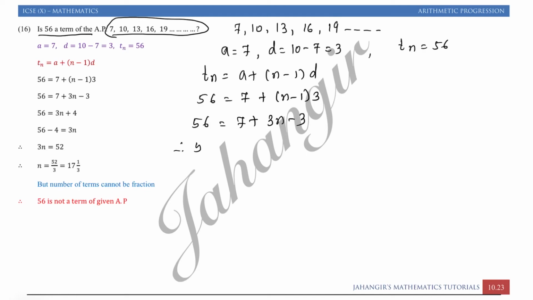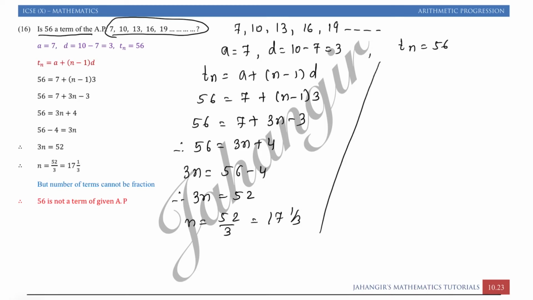So therefore I can write 56 is equal to 7 minus 3 is 3n plus 4. So 3n is equal to 56 minus 4. So therefore 3n is equal to 52, n is equal to 52 upon 3. That can be written as 17 and 1 by 3. But number of terms cannot be in fraction.